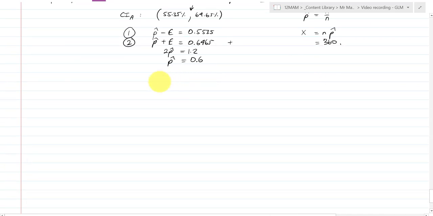We know, therefore, that 0.6 minus e is equal to 0.5535, which means that e, if I just subtract 0.6 and multiply by -1, is equal to 0.0465. There's my e value. That means that z times the square root of p hat (1 minus p hat) over n is equal to 0.0465.